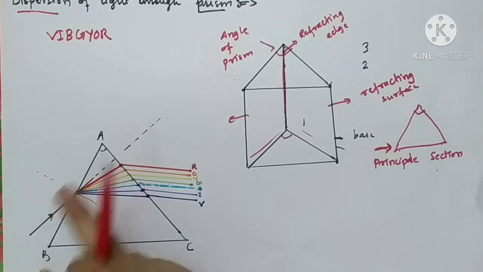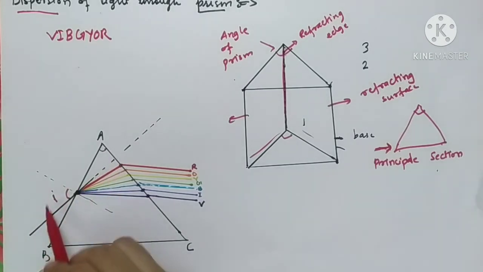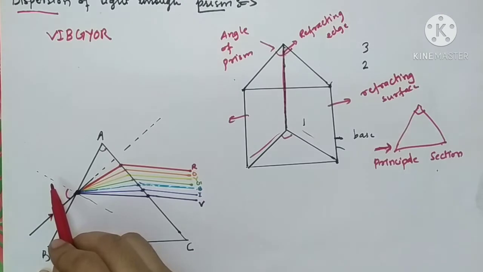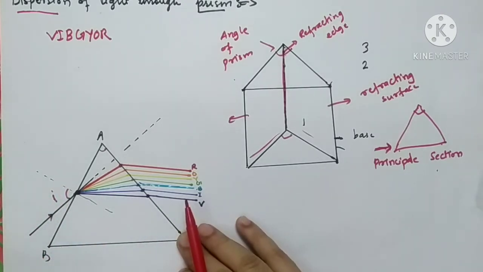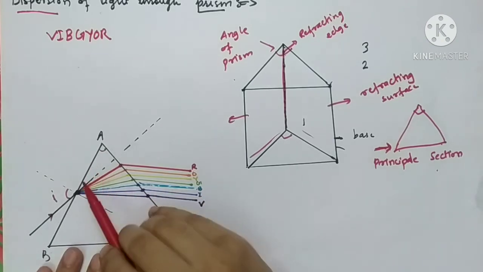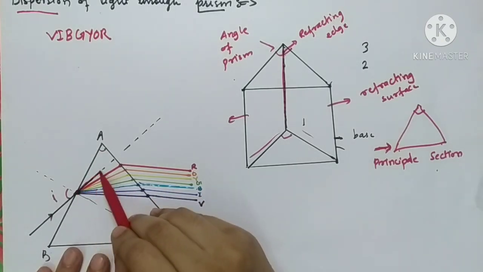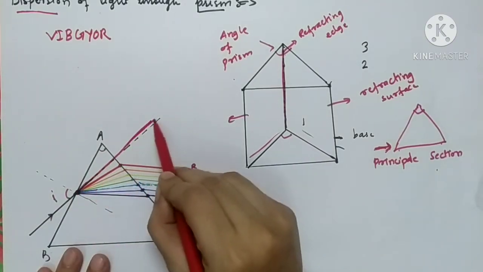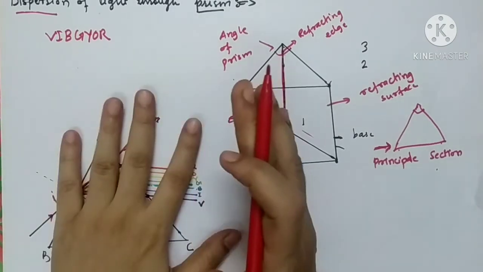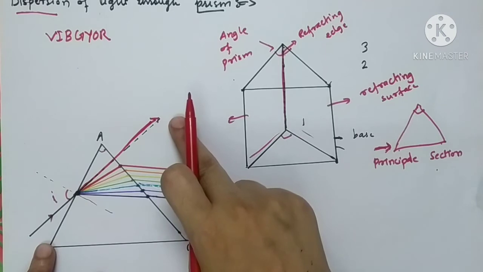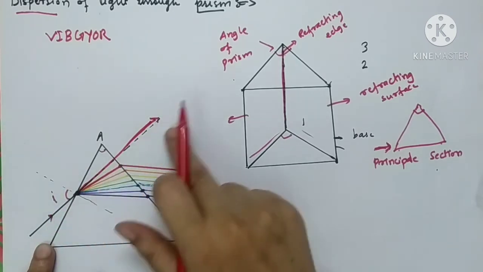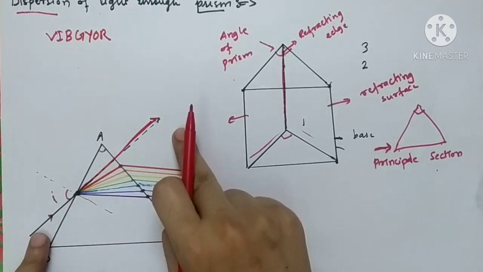We all know that the angle of incidence is nothing but the angle between the incident ray and the normal. And we have drawn the original direction of the light ray. In the absence of a prism, the light ray would have gone straight. So this represents the original direction of a light beam.